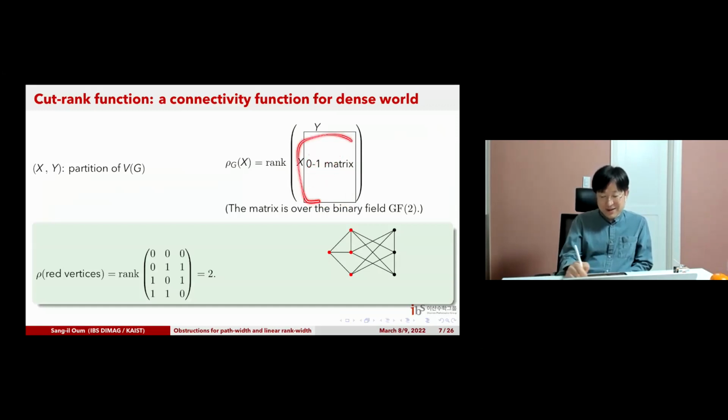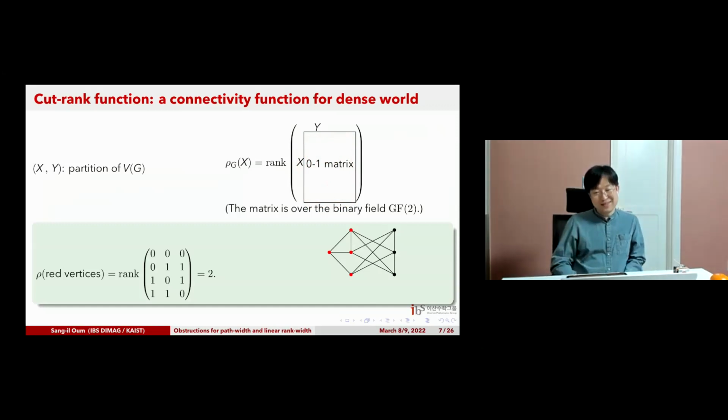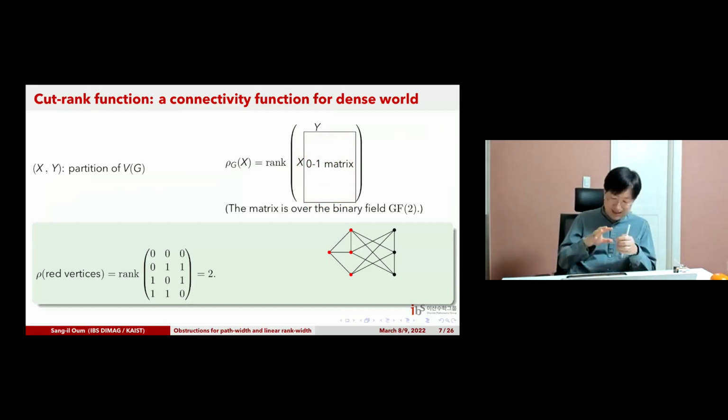When you have a small rank matrix and you change zeros to 1s and 1s to 0s, you still have a small rank, differing by at most 1. That coincides with our intuition that if the cut is simple, then when you complement all the cut edges from left to right, you still have a cut which is simple to describe.